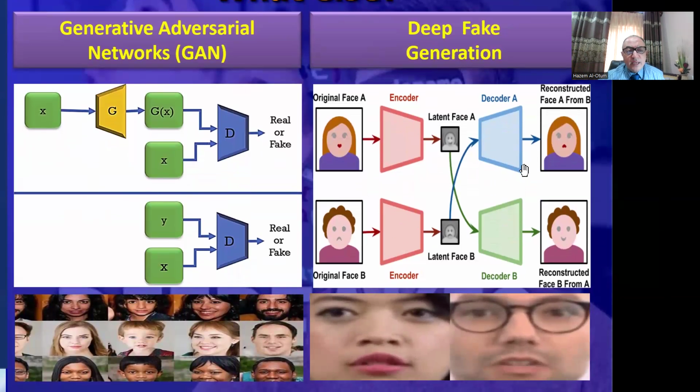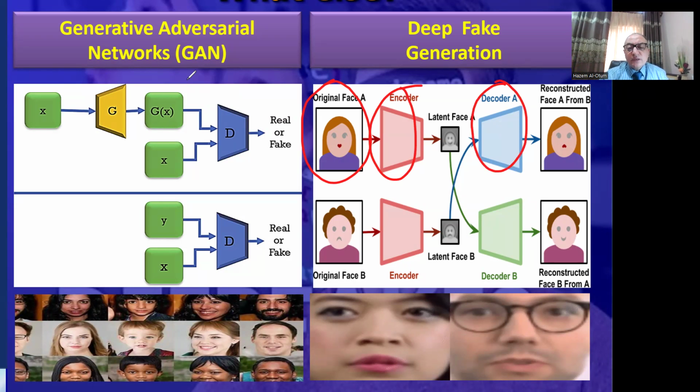We repeat the same thing as we used in the GAN. If you look at the block diagram, here this is the input image, let's say a face A. We have the encoder, we have the decoder, and in the intermediate stage, maybe at the encoded part or the bottleneck, we take another image from another person, for example, and we repeat the same process and get the latent face B, and we just switch between them.